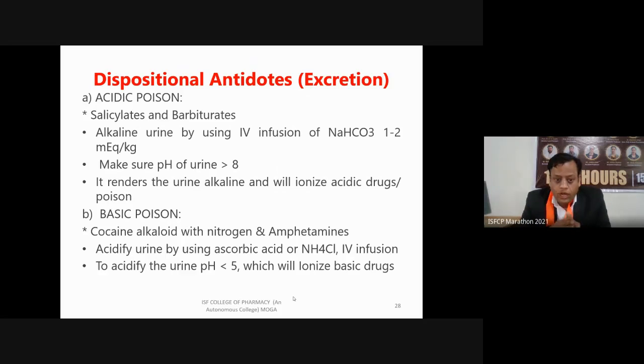When these basic poisons are present in urine, the acidic agents neutralize them or form ions with them. To acidify the urine, the pH should be lesser than 5. These acidic agents reduce the pH below 5 and ionize the basic drug, so they minimize the toxic effect of basic poison. So for acidic poison, we use alkaline agents like sodium bicarbonate, which increase the pH to greater than 8, and for basic poison, we use acidic agents like ammonium chloride, which reduce the pH below 5. These agents ionize the drugs and reduce their effect.